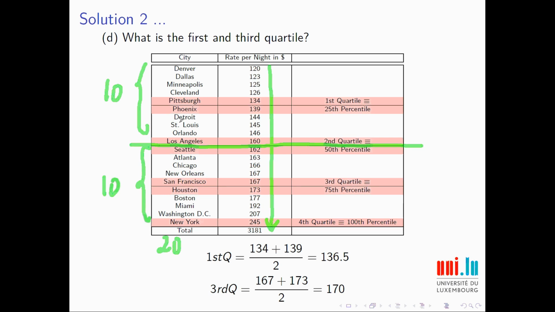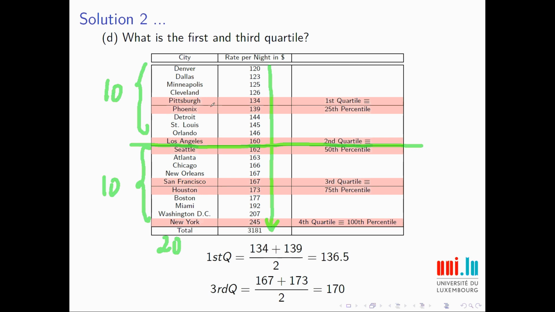Afterward, the first quartile is the median for the data chunk with the low values.